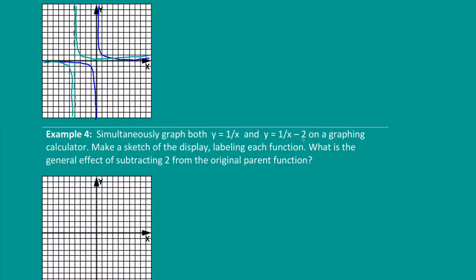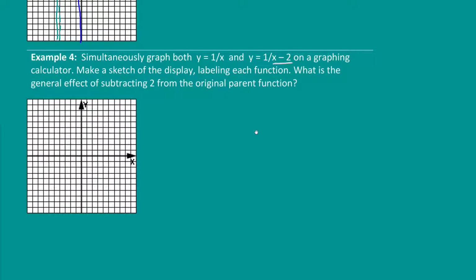Here my number is outside of my function. So if you recall from all the other parent graph transformations, when we subtract a number on the outside, we're going to shift the graph down too. So let's draw our original function like that. All the points are going to go down too.